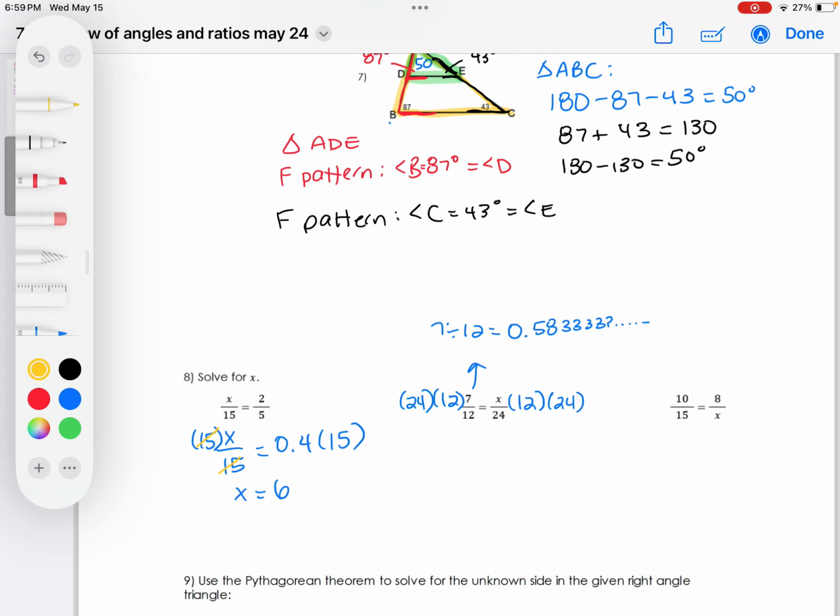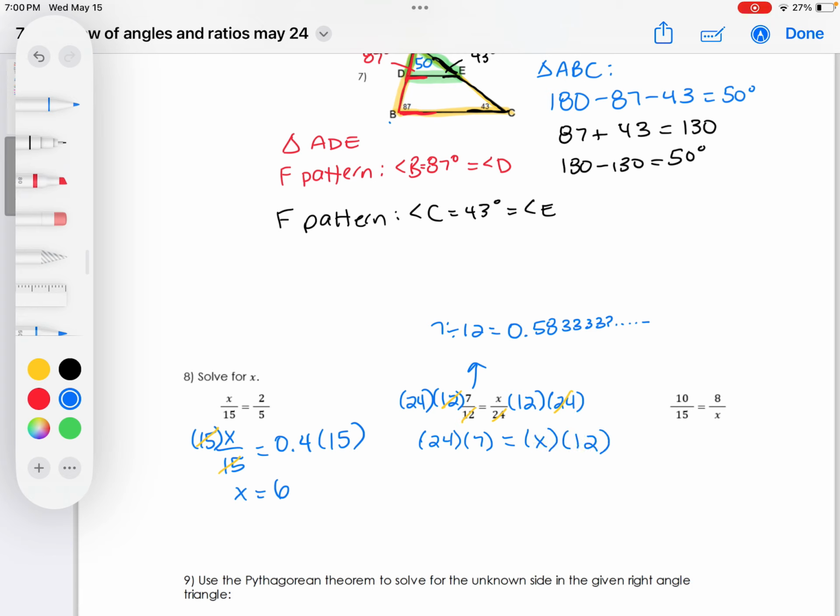So then 12 over 12 on the left cancels out. 24 over 24 on the right cancels out. And now we're going to do 7 times 24 on the left-hand side. I'm going to write that down. If you would like to already do the math, that's up to you. And then on the right-hand side, we have x and 12.